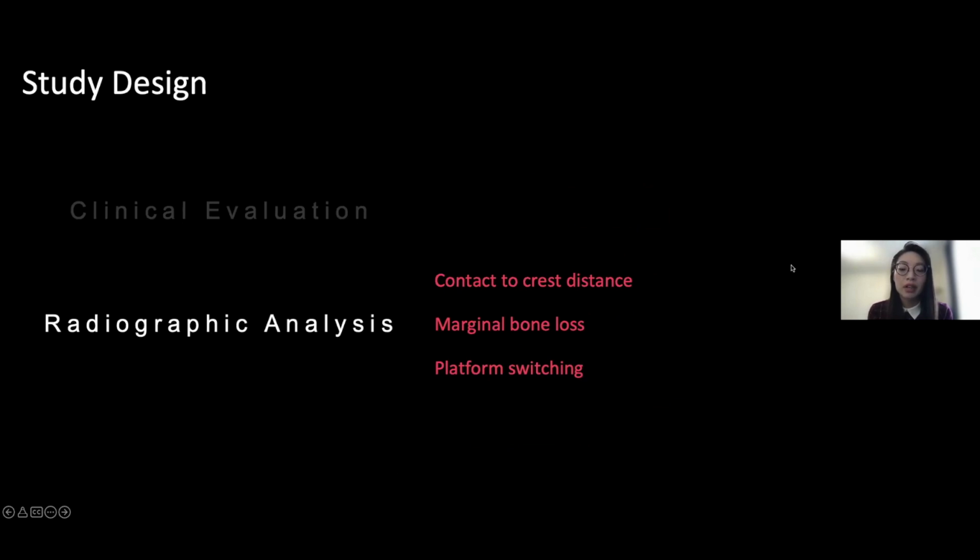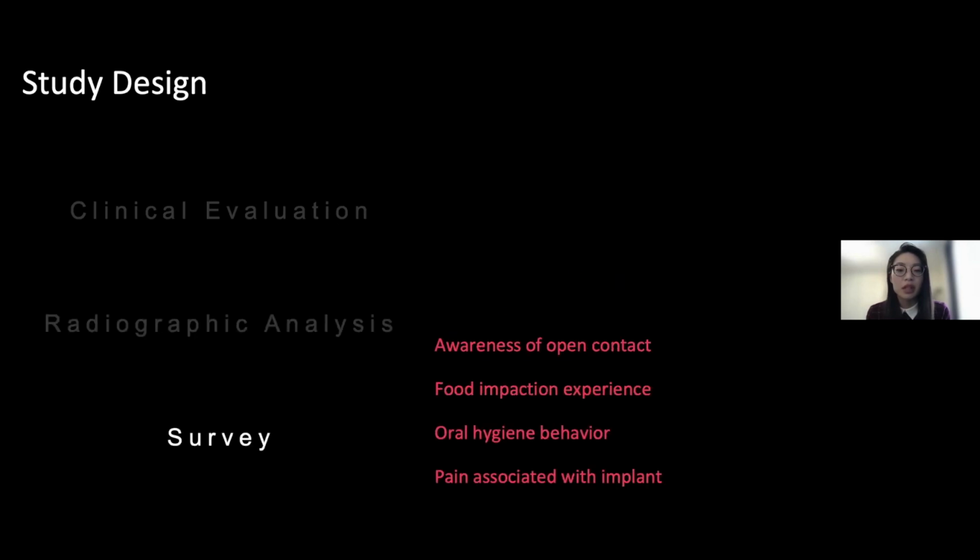And in the radiographic analysis for both, we measured contact to crest distance, marginal bone loss, and we also documented whether or not the implants were platform switched. And then we also conducted a survey or a questionnaire to assess patient-reported outcomes, and these include awareness of the open contact, food impaction experience by the patient, their oral hygiene behavior, and whether or not they had pain associated with the implant while brushing.